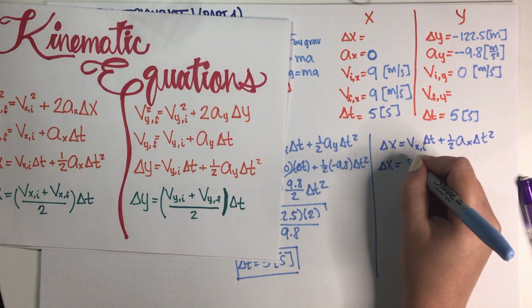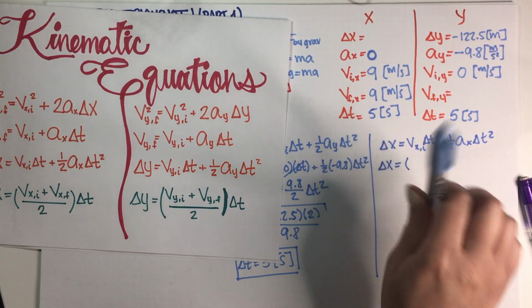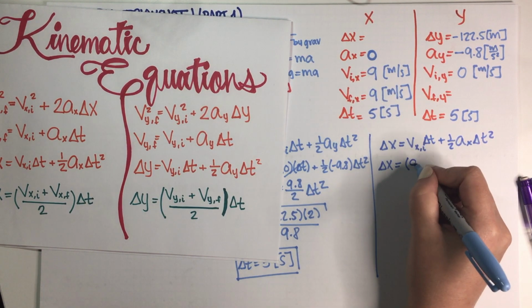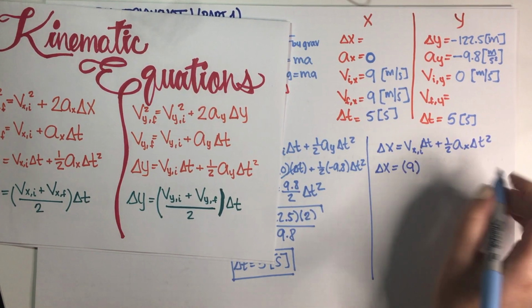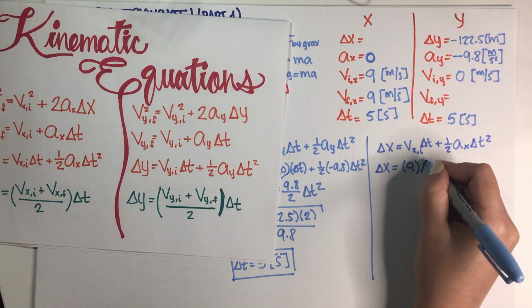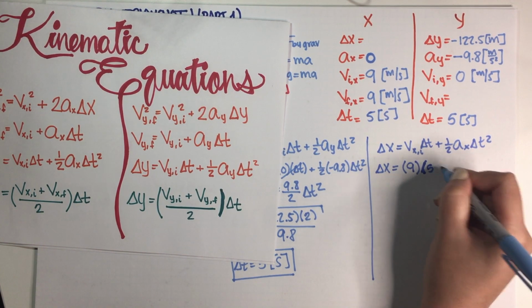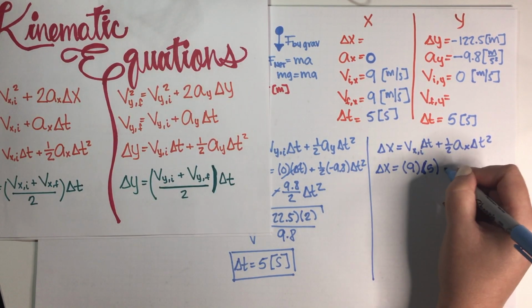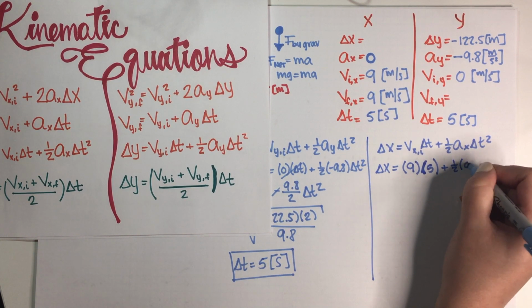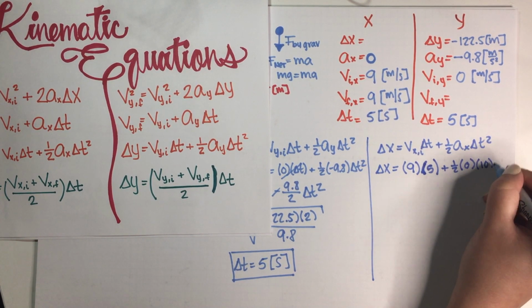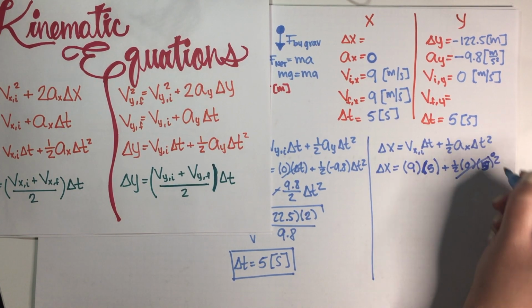Delta x is equal to initial velocity, which is 9 because I'm using the x component now. Delta t is equal to 5 seconds. And then plus 1/2, oh, this is a 0, right? Oh, this is 5 seconds squared. Well, it doesn't matter, everything is 0 over here.